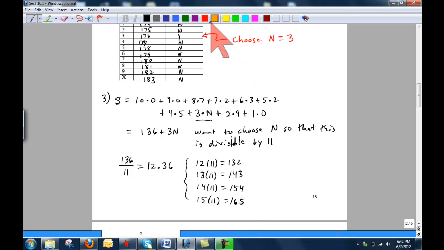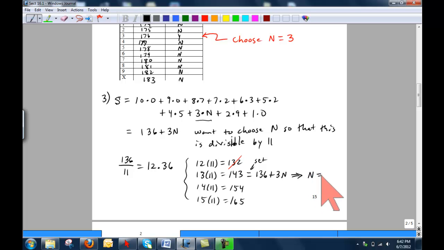Well, I know it's not the 132 because s, as we said, is greater than or equal to 136. So what if it's 143? Here I'm just going to set 143 equal to 136 plus 3n and see what value of n would work.